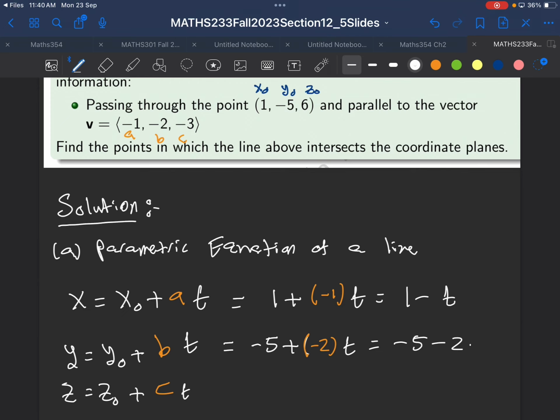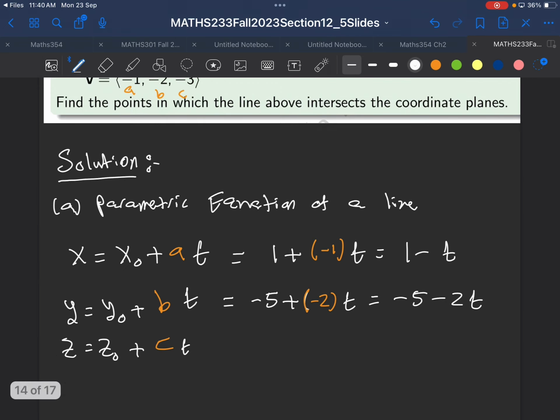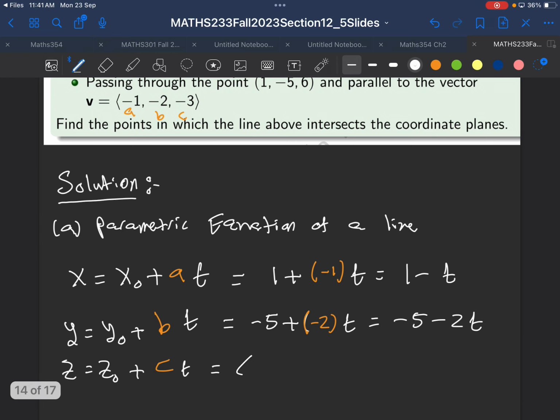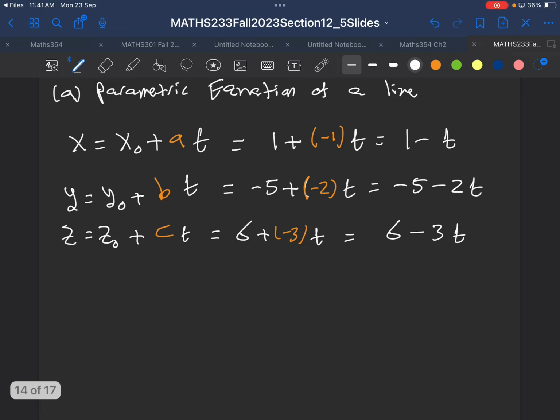All in all, it is negative 5 minus 2t. Finally, what we need to do is z naught plus CT, which is just 6 plus negative 3 multiplied by t, and the answer will be 6 minus 3t. So by this, we found the parametric equation of the line.